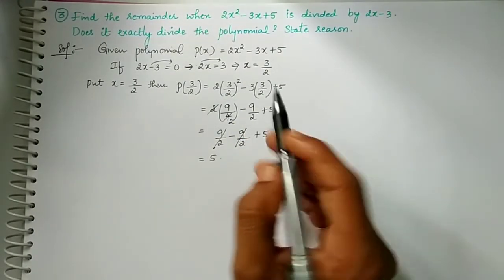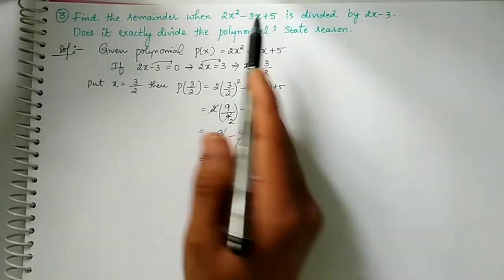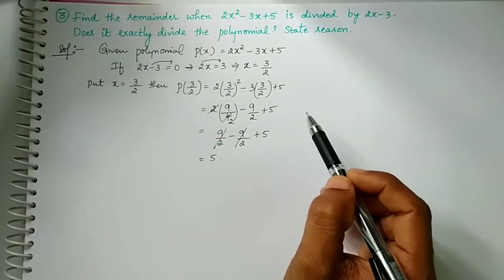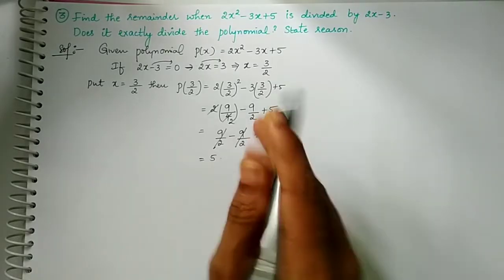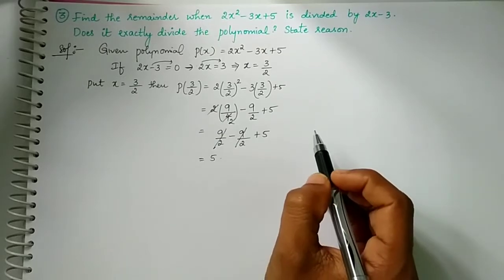Factor means that if the remainder is equal to 0, then we say that it is a factor of the given polynomial. If the remainder is not 0, then it is not a factor of the given polynomial. Understood?